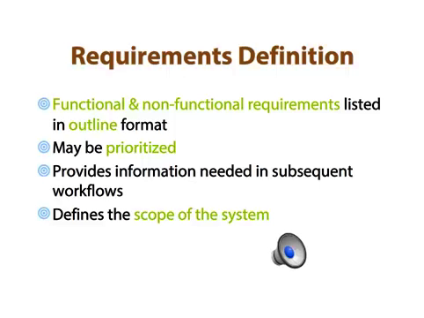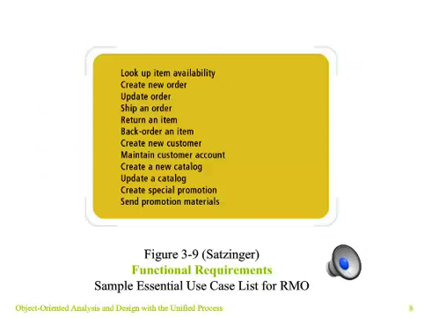If you look back at the fourth slide, I think it's the 3.3 from Satzinger, some of what's on that slide could be called requirements definition. Here's another slide I grabbed from Chapter 3 in Satzinger, and it's a list of the functional requirements for the RMO system that they describe within that chapter.